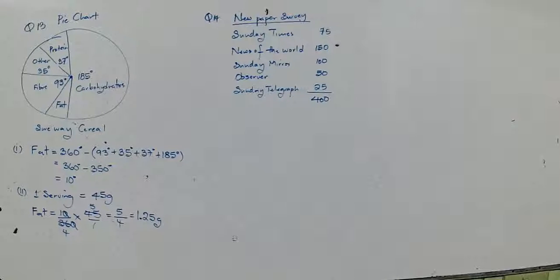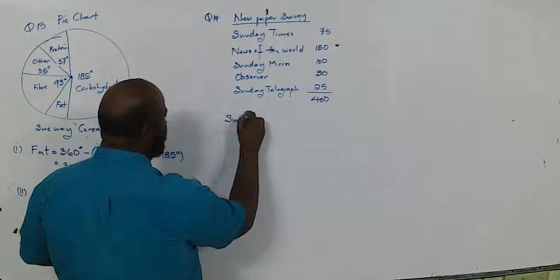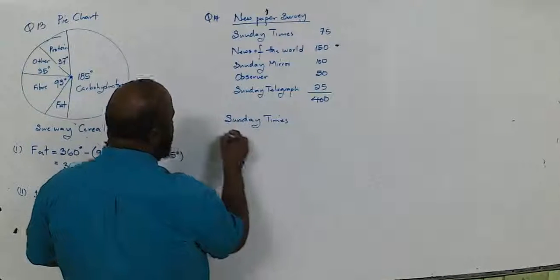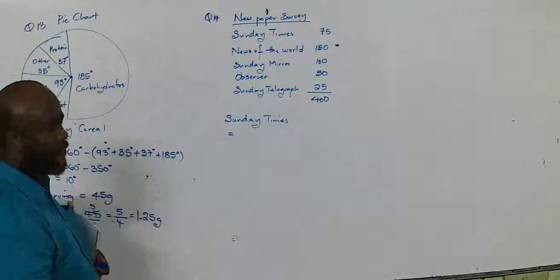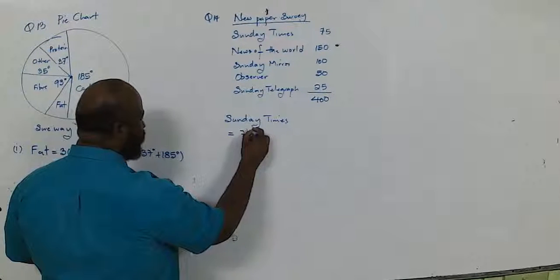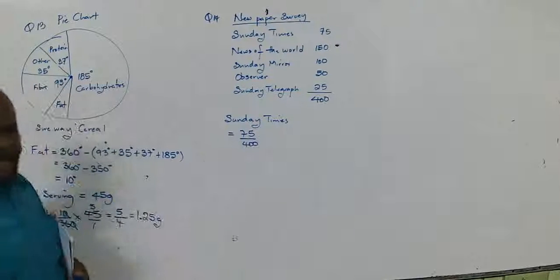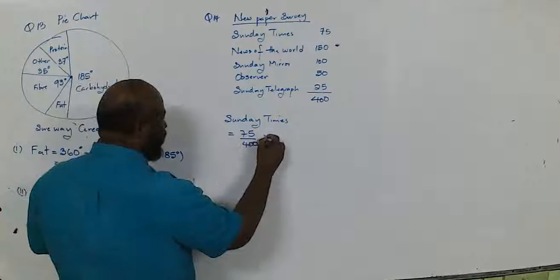How do we determine how much of the pie each person gets? Here's how we do it. Sunday Times. How many persons prefer the Sunday Times? 75 out of how many people? 400. Out of 400. So that is the fraction of the entire group that likes the Sunday Times. And it is a fraction of what?